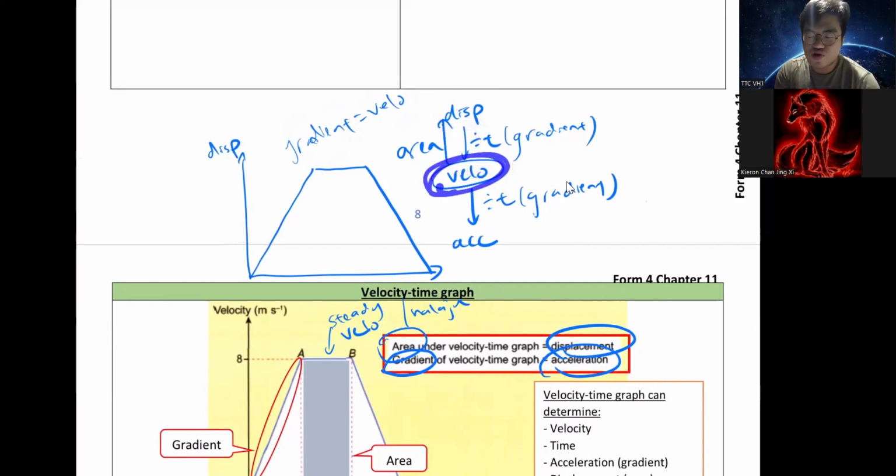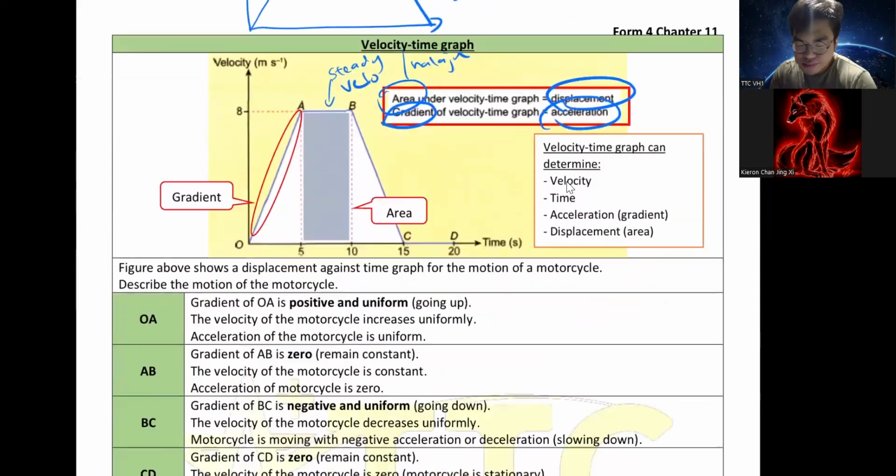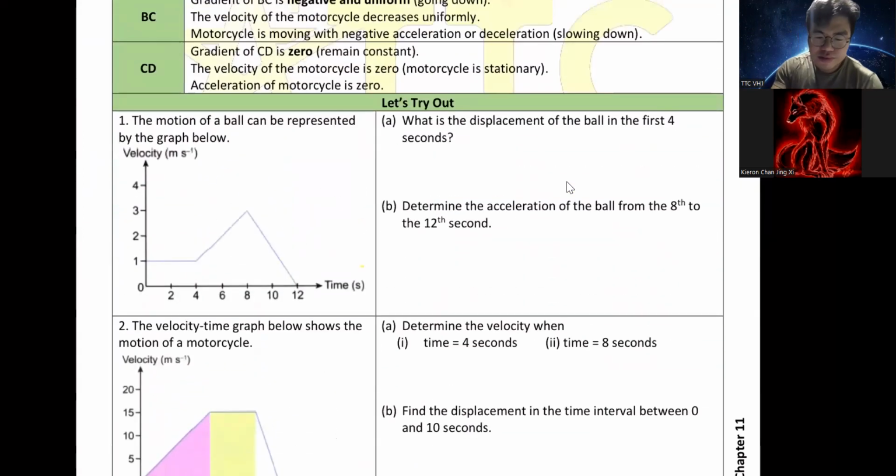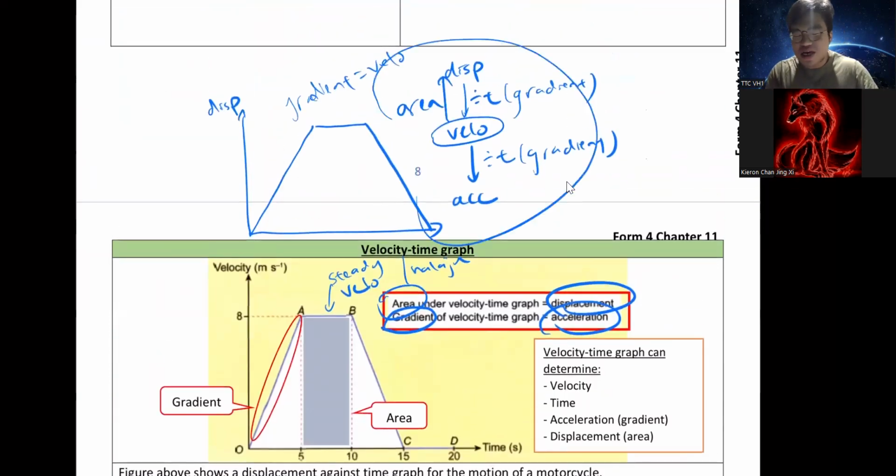So if your graph is halaju, one step forward, kecerunan is the pecutan. That's the best way, to draw this, because I don't want you to die memorize, because you'll forget one.